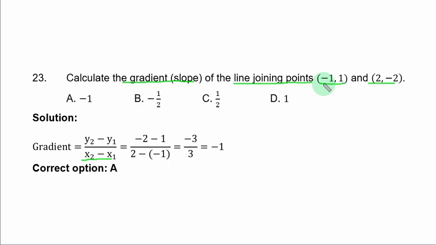That is x1 is -1, y1 is 1, x2 is 2, y2 is -2. If you put all of that in the formula, you have it in this form. When you simplify, you have -3/3. When you divide, you have -1. So A is the correct option.